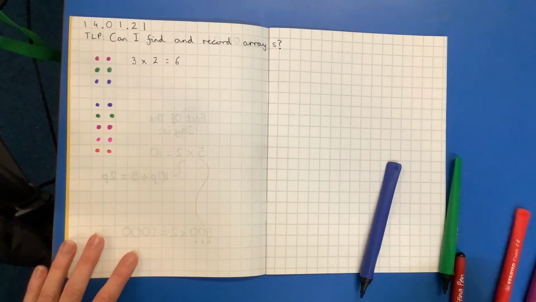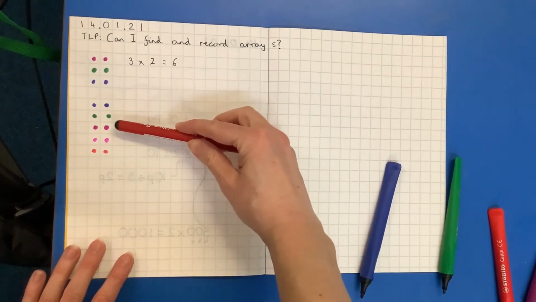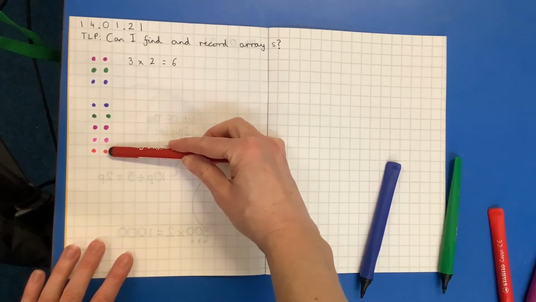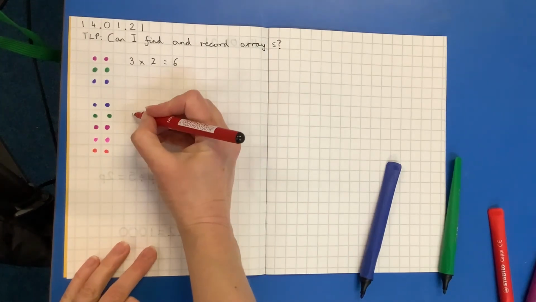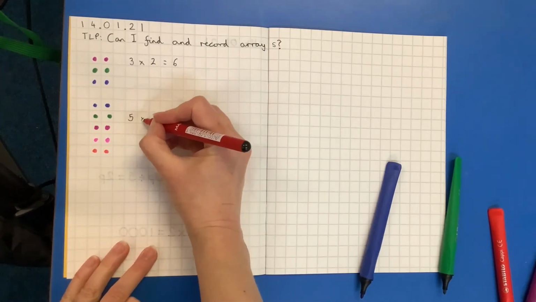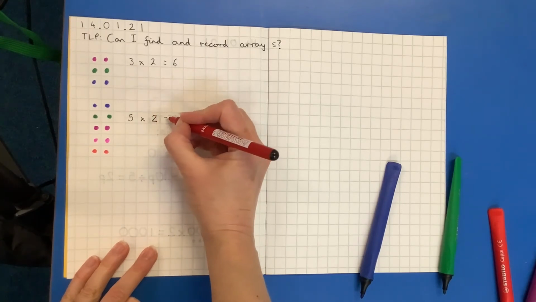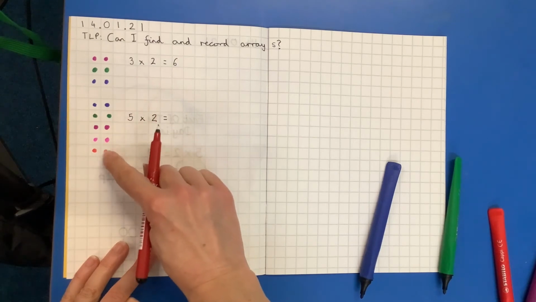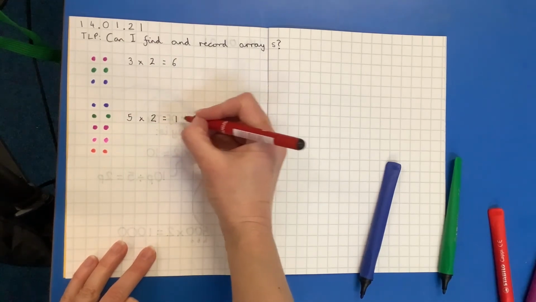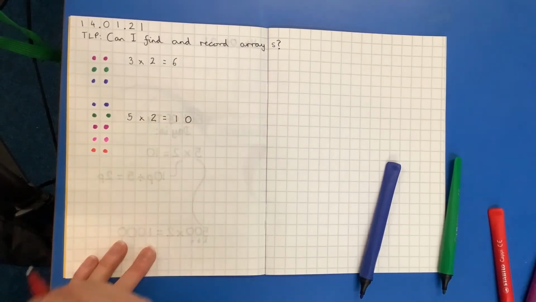So there we have 1, 2, 3, 4, 5 groups of 2. Now let's just check that we know the answer. 2, 4, 6, 8, 10. So 5 lots of 2 make 10.